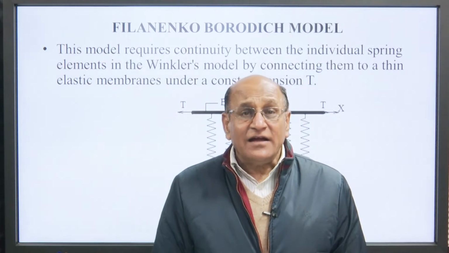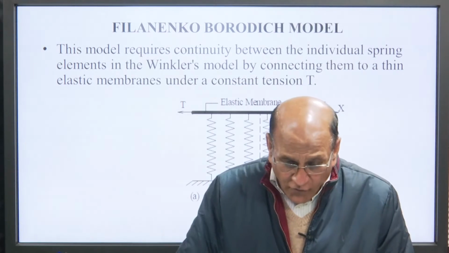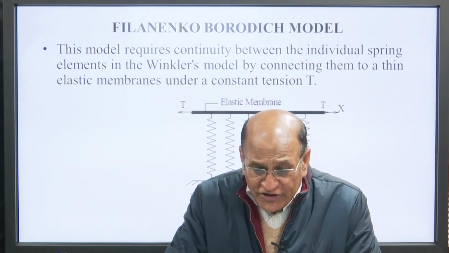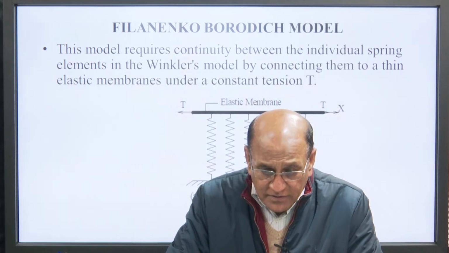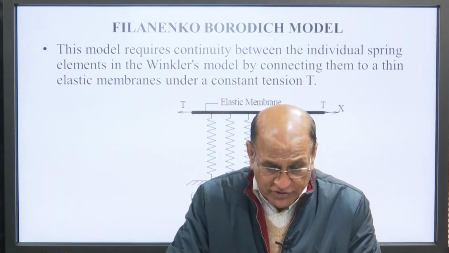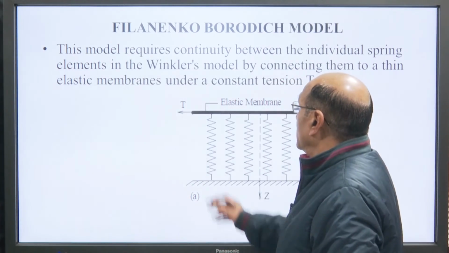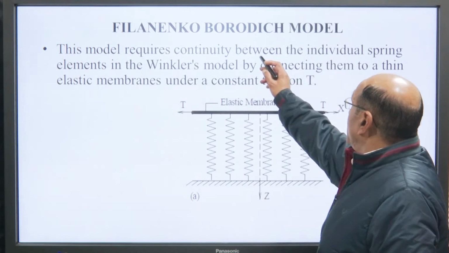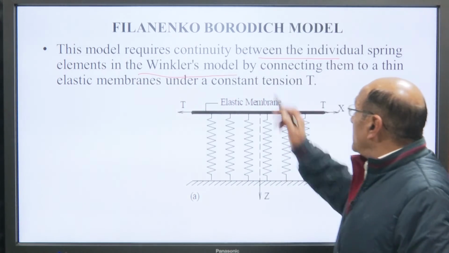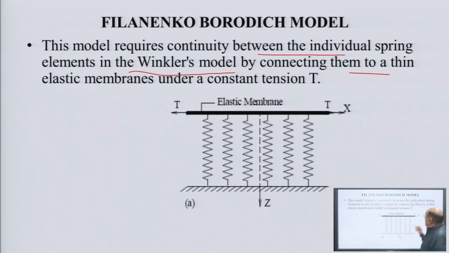The second model is the Filonenko-Borodich model. This model is a modification of the Winkler's model. This model requires continuity between individual spring elements in the Winkler's model by connecting them by a thin elastic membrane.